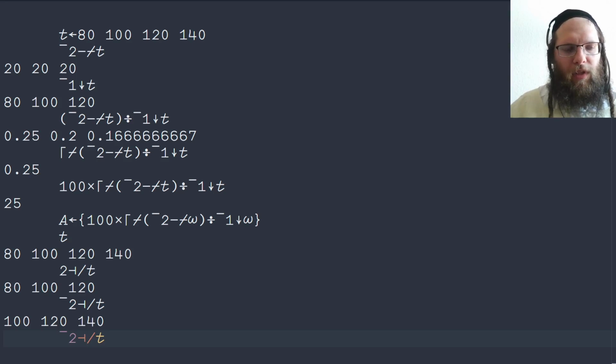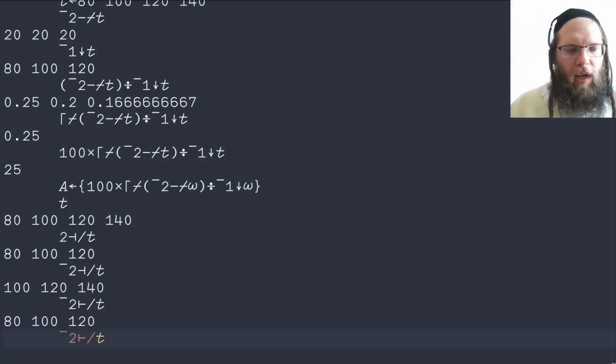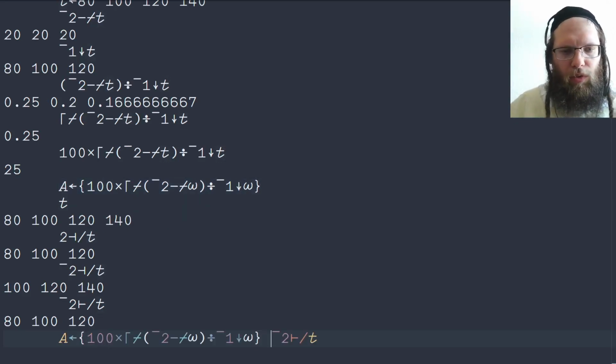But now if we want to get the right value, which is the first one, then we need to do the right side instead. And what's interesting here is that if we take this definition of A and replace this -1 drop omega with this equivalent sub-expression here, then especially if we parenthesize it, we can see a pattern.